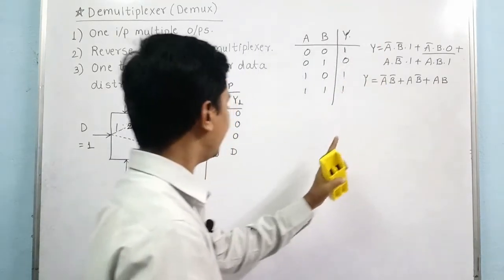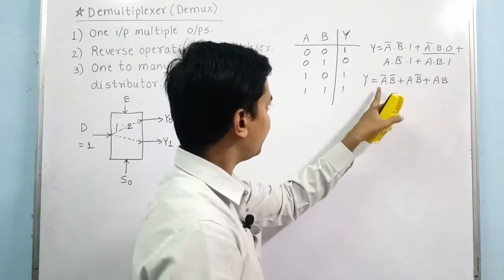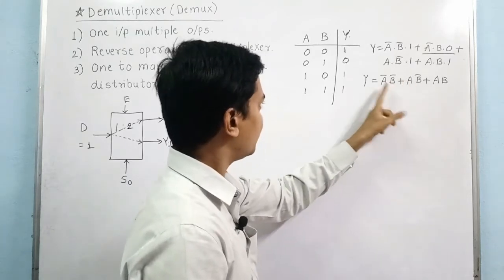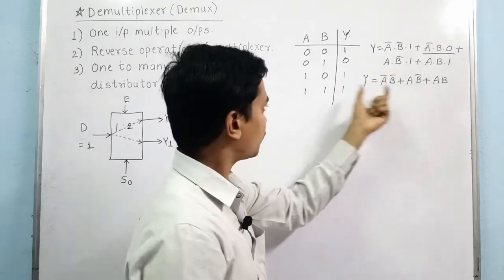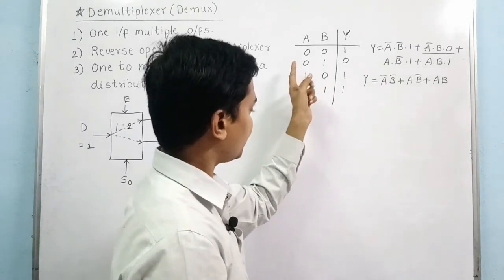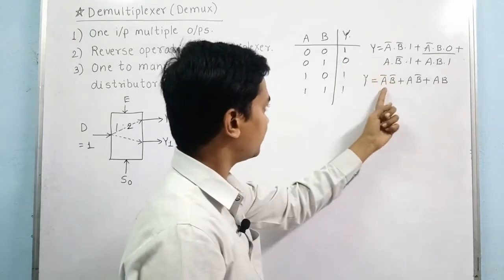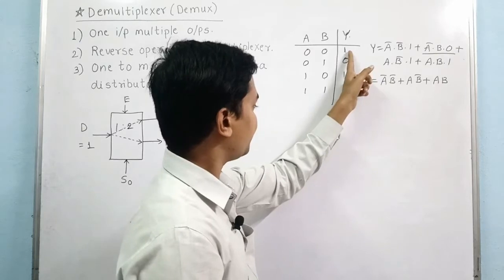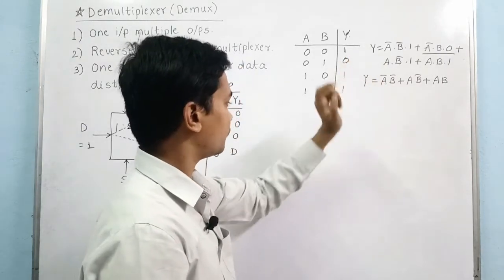Similarly, in this truth table and this equation we have only those terms whose input combination makes the output 1. So we will not consider the zeros.